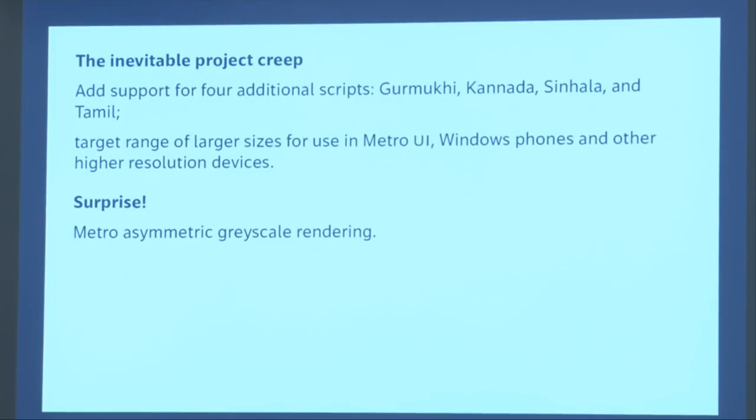And then there was a really nasty surprise, actually after we'd finished all of the work. So we had designed and hinted around ClearType color subpixel rendering, and just before Windows 8 shipped, some teams had concerns about the performance hits of the color rendering, and insisted that in that Metro environment, what they called that grid system, they were going to switch to an asymmetric grayscale rendering, which did a very interesting thing because they were using grayscale instead of color subpixel, but they were still using the subpixels for positioning.